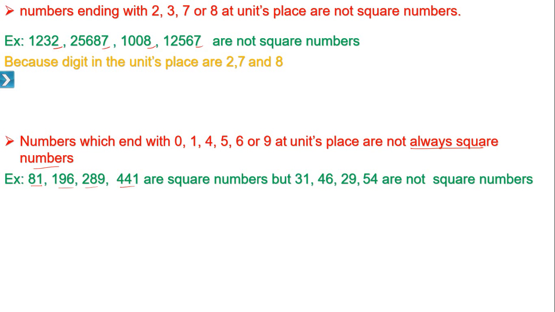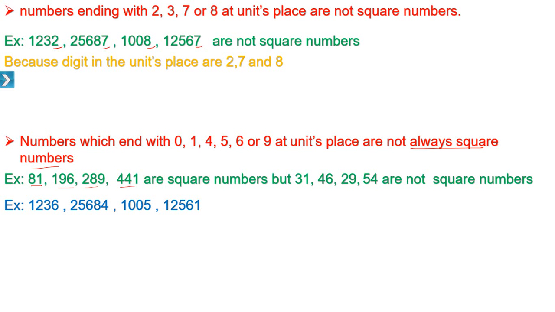But the numbers ending with 1, 4, 5, 6, 9 and 0 are not always square numbers. For example, 31, 46, 29, 54. They end with 1, 6, 9 and 4 here. They are not square numbers.